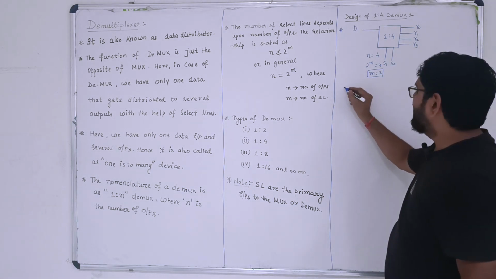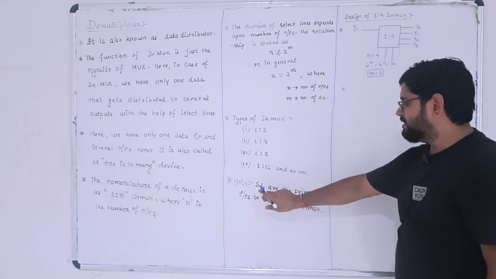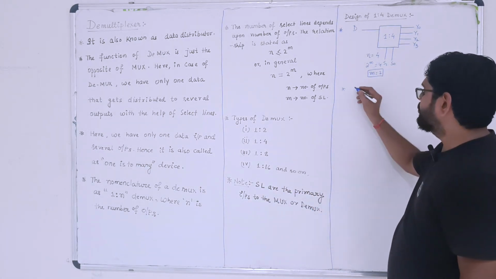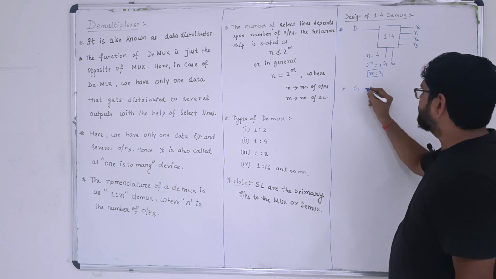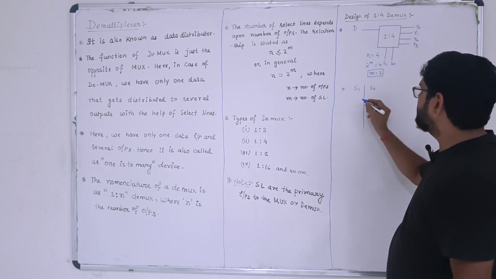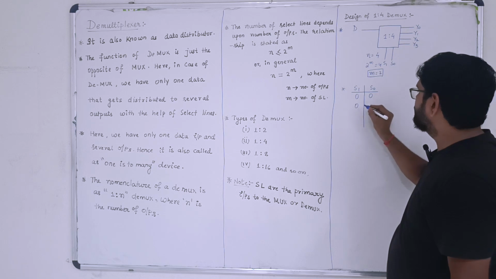Now after this, we have to go for the truth table, and as I have stated, select lines are the primary inputs. So we'll take 2 select lines, which I am calling S1, S0. How many combinations are possible? Tell me. 4 combinations are possible: 0 0, 0 1, 1 0, 1 1.